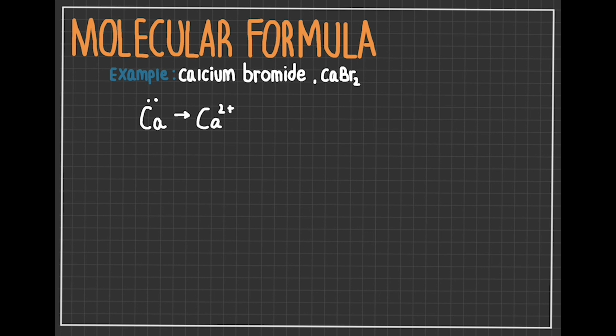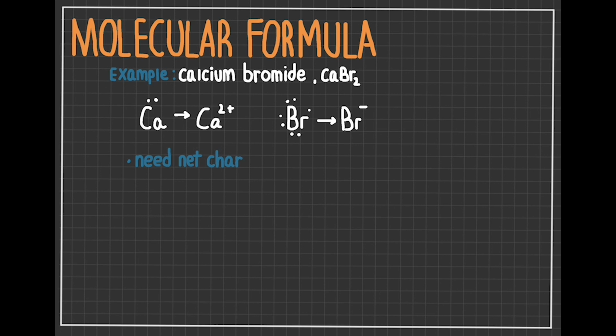But looking at bromide, which has 7 electrons in its valence shell, it must gain only 1 electron to have a full octet of 8 electrons in its valence shell. So we have a calcium that's ready to give up 2 electrons, but a bromide that will only take 1 of them. To solve this, we add 2 bromides, thus becoming CaBr2.